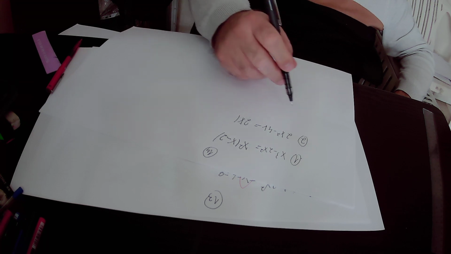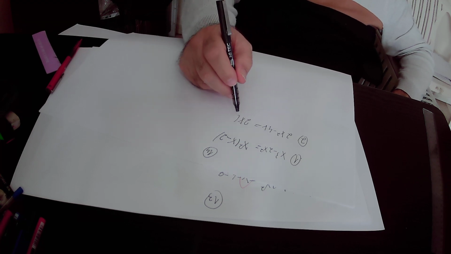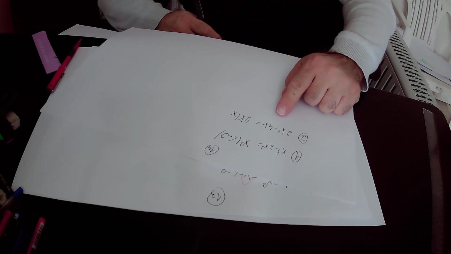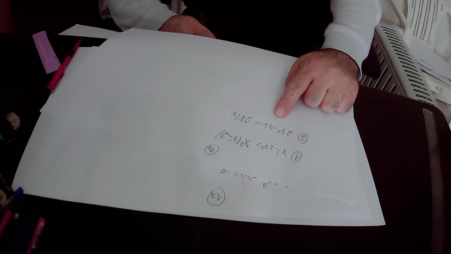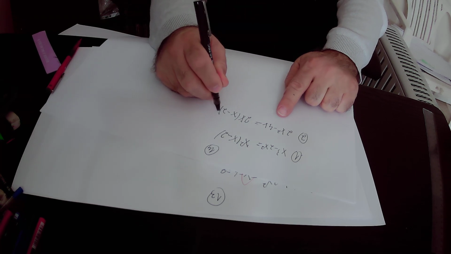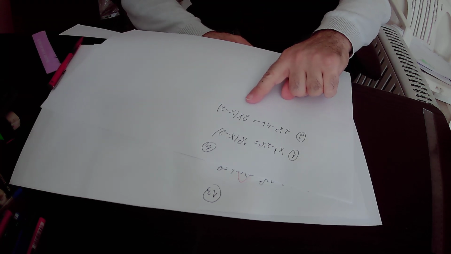So what is left inside the brackets after we took 2x from this expression? What is left from 2x squared is actually x, and what is left from minus 4x after we took 2x as a common factor is actually minus 2. So in total we got that 2x squared minus 4x equals 2x times x minus 2.